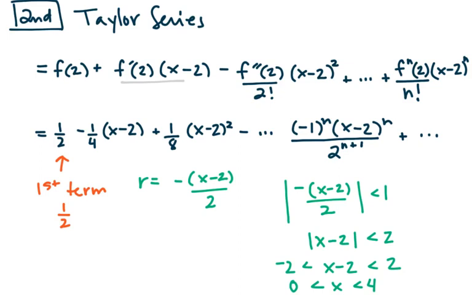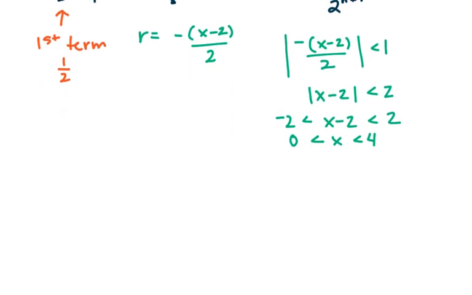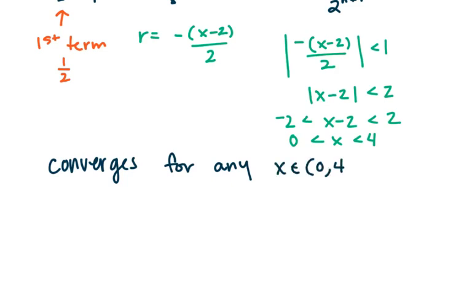So this is my radius of convergence, or my interval of convergence here. I guess the radius would be 2. So as long as my x value is between 0 and 4, we can say that this Taylor series is going to converge for any x value that is in the interval from 0 to 4.